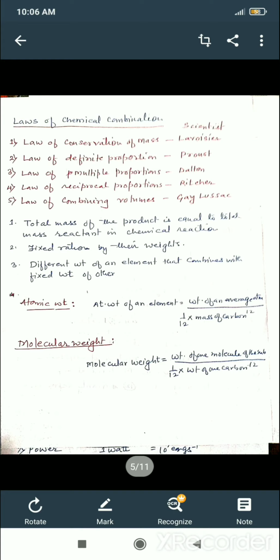In the law of conservation of mass, the total mass of the products is always equal to the total mass of the reactants in a chemical reaction, meaning matter can neither be created nor destroyed. Elements combine in a fixed ratio by their weights. Different weights of an element combine with a fixed weight of another.